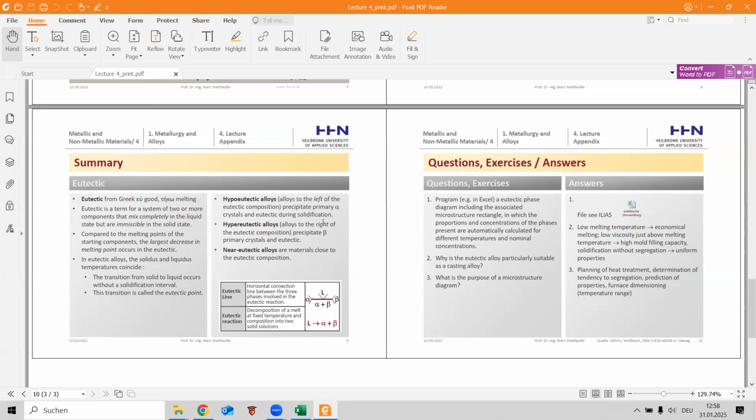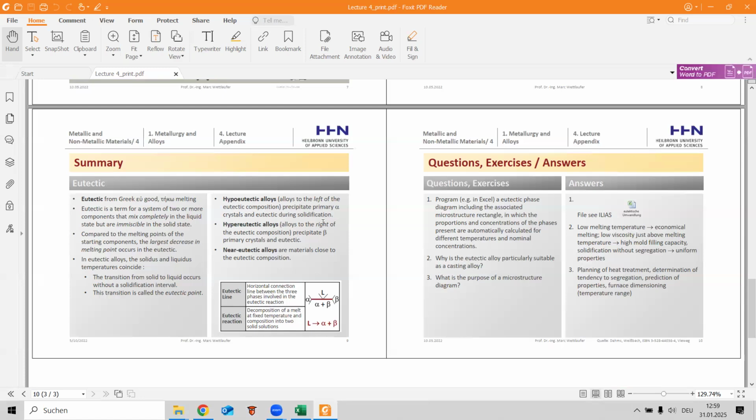Hypoeutectic alloys, to the left of the eutectic composition, precipitate primarily alpha crystals and eutectic during solidification, and hypereutectic alloys, to the right of the eutectic composition, precipitate primarily beta crystals and eutectic. Near-eutectic alloys are materials close to the eutectic composition.